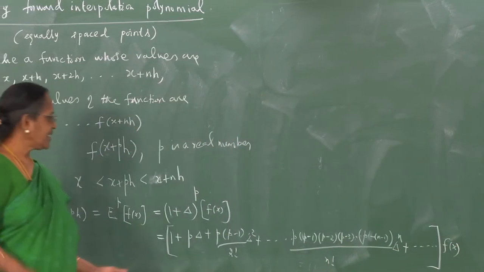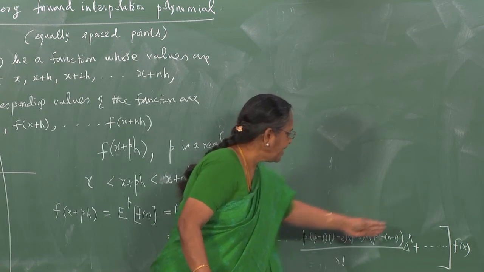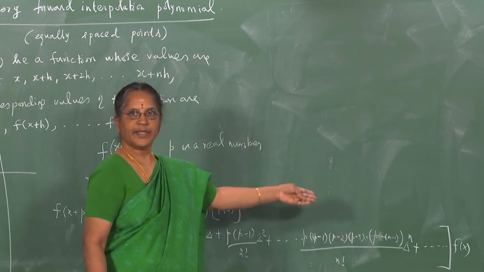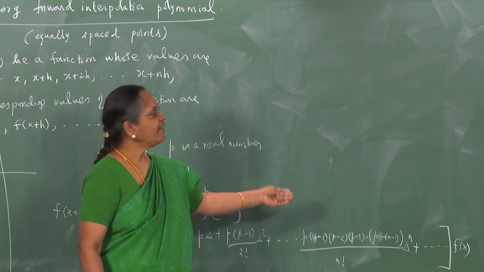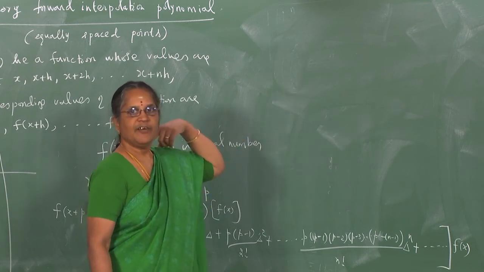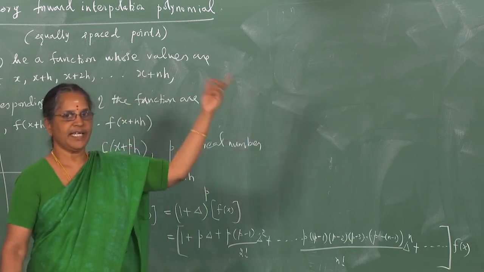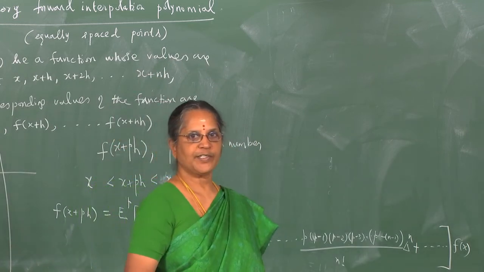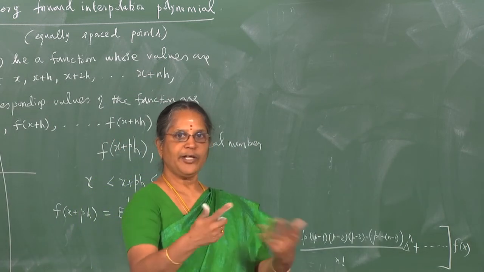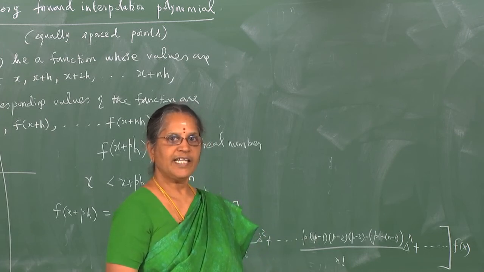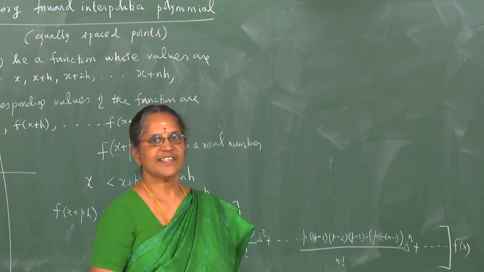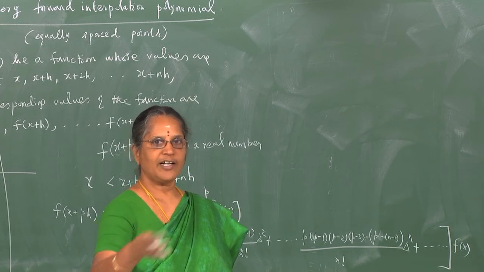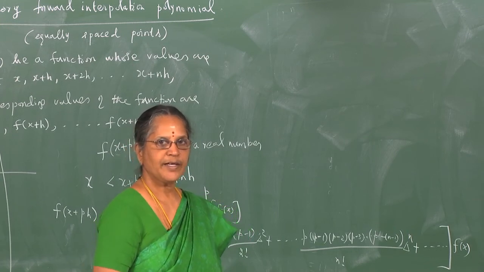So, the question is, how many terms will appear in this expansion? We have already seen from our forward difference table which we formed for a set of 5 values, we can fit a polynomial of degree 4 and the 4th order forward difference is constant and higher order differences are 0.